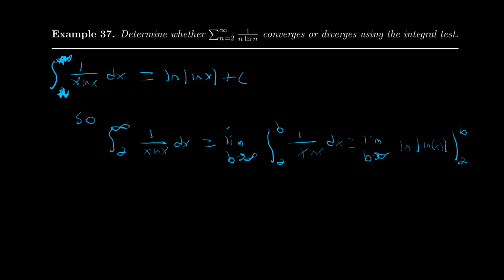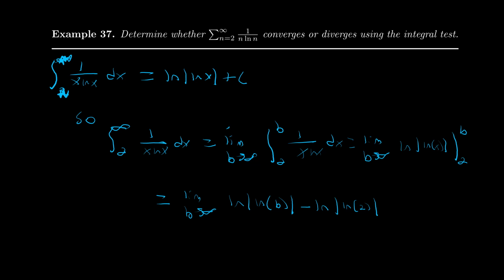And then you'll see that this is the limit as b approaches infinity of the natural log of the natural log of b minus the natural log of the natural log of 2, right?